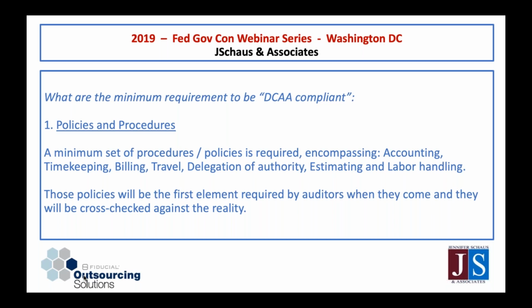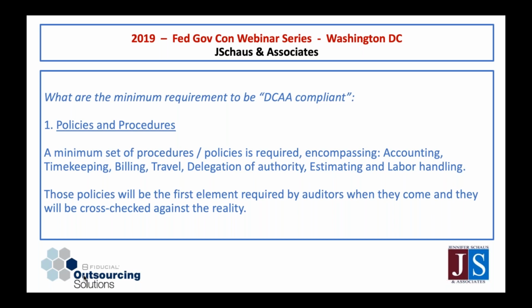So writing these procedures is key and has to be done right at the beginning of your process. Templates exist, you could use them, and they include all the FAR and CAS elements, but they may need to be tweaked to your business model.